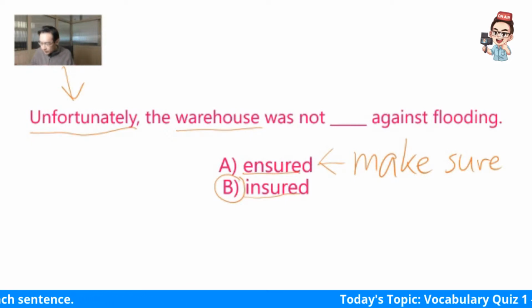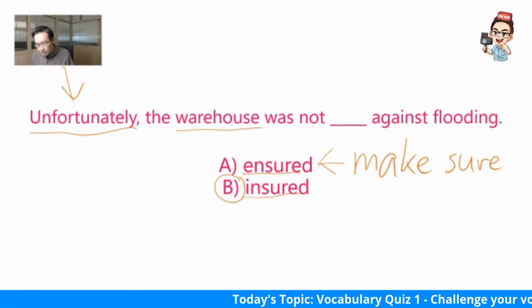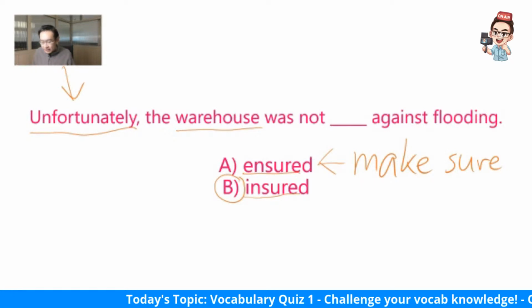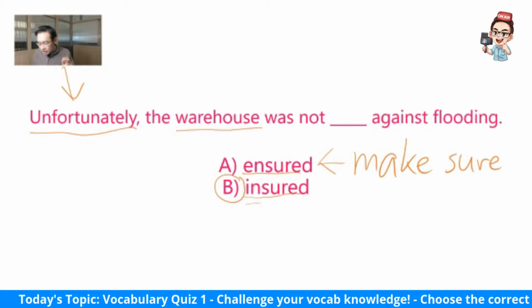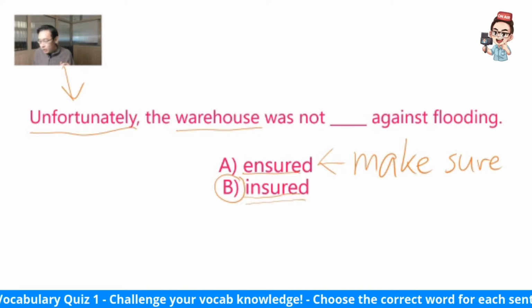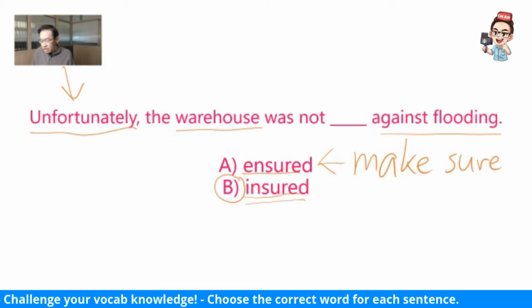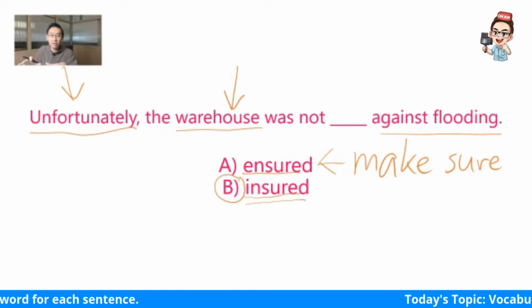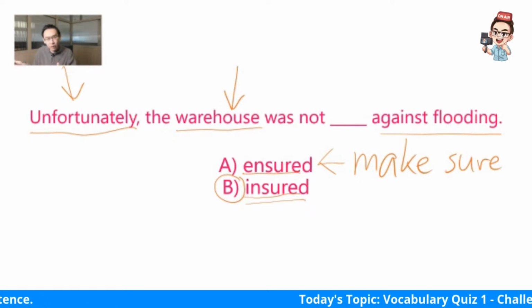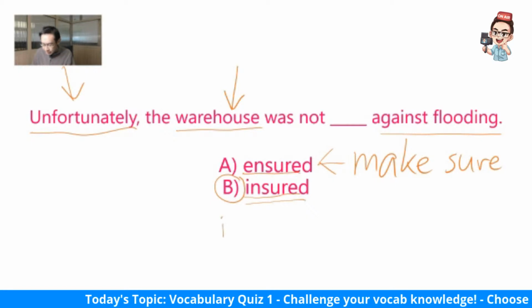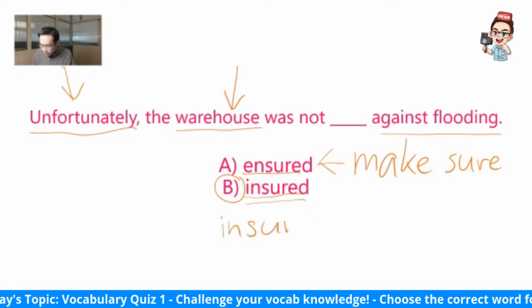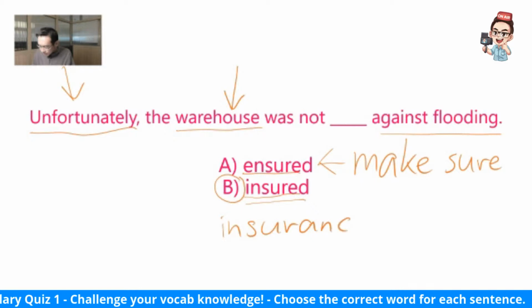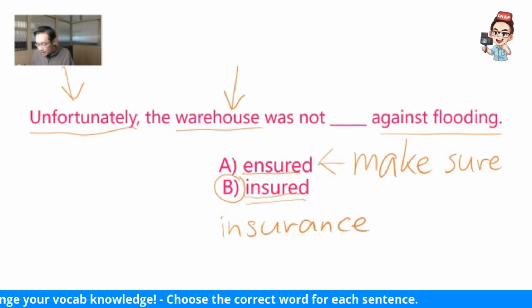And here it says, unfortunately, so negatively, this warehouse was not insured against flooding. So it's probably this warehouse was flooded. Lots of water came into the warehouse, and unfortunately, the owner didn't have an insurance against flooding.